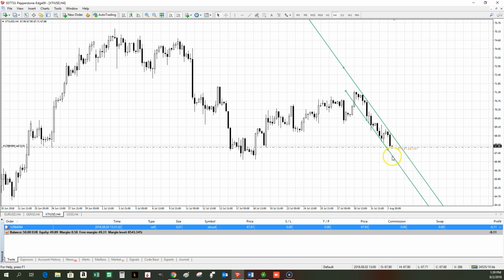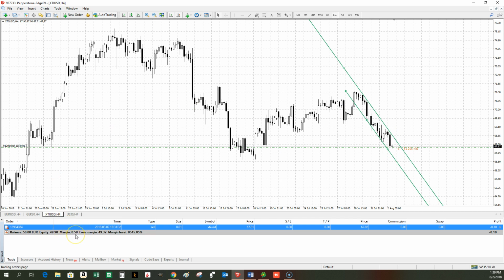It can go down again. Maybe it's gonna break the support. I don't know exactly what will happen, but I'm not gonna buy anyway. I'm gonna stick to the global trend, meaning that I'm gonna sell the XTI USD.